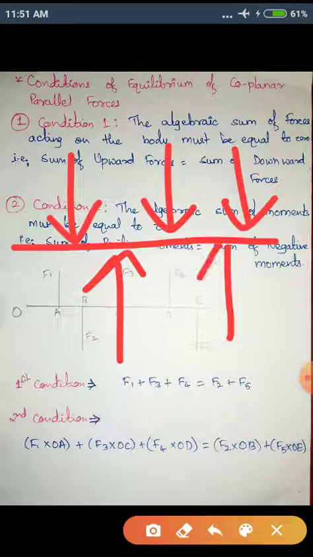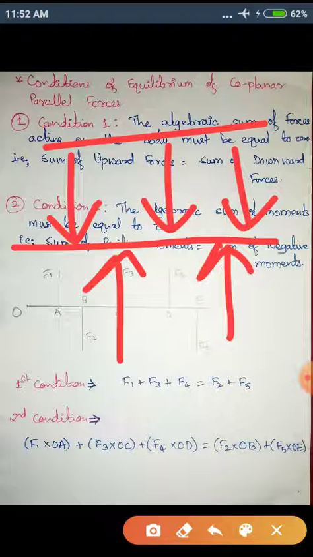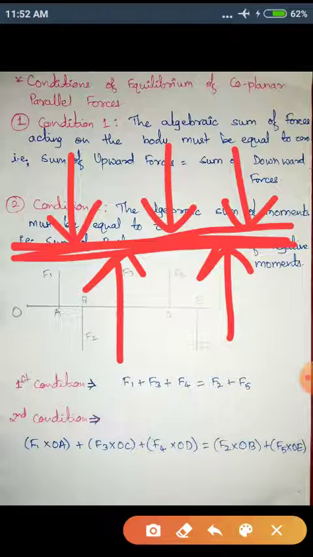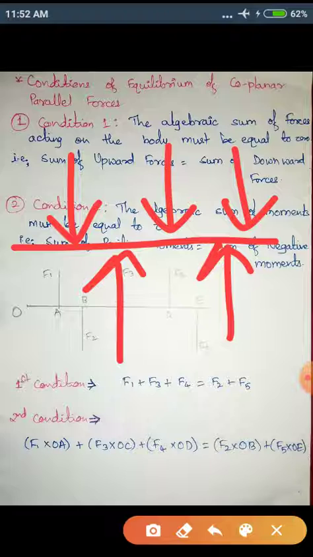Even these forces are parallel with each other as well as parallel to these three forces. So all these forces are acting in the same plane and they are parallel to each other. If this body wants to remain in equilibrium, then what are the conditions of equilibrium? That we will see. If this body should not move, then what has to happen?